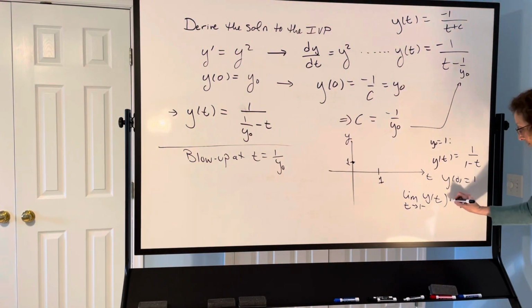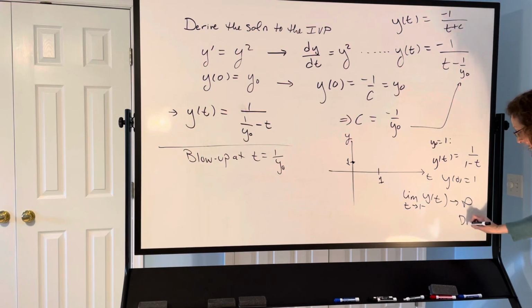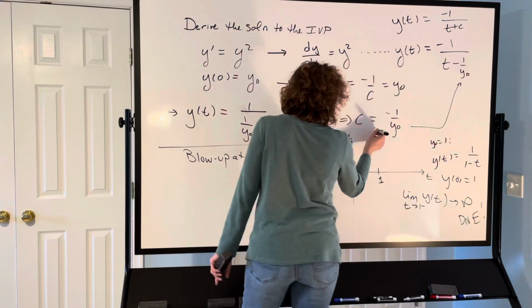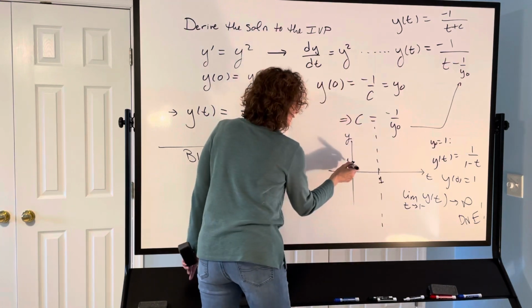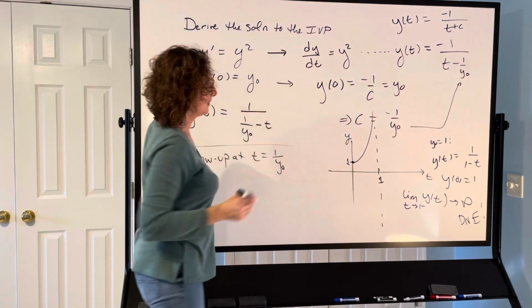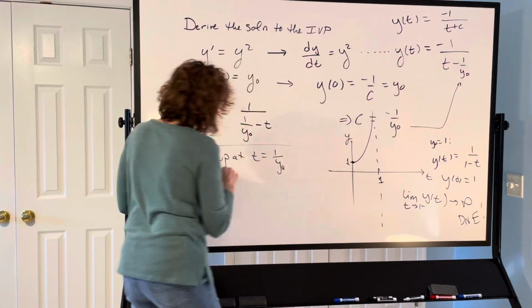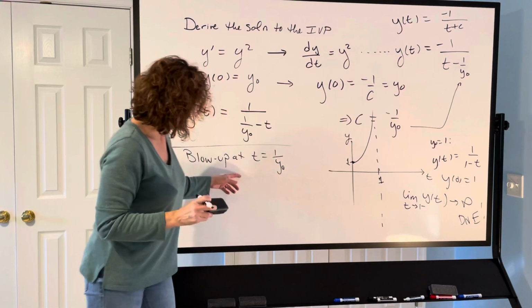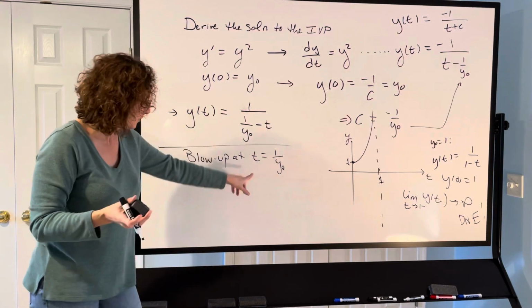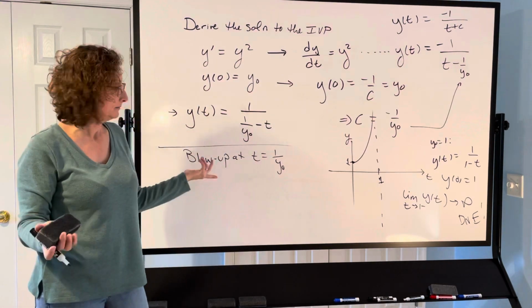This is going off to infinity, which does not exist. So we just have this blow up when t is 1. We can generalize that to any y naught: blow up occurs when t is 1 over y naught.